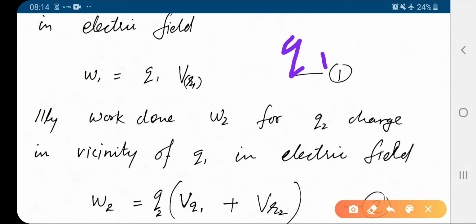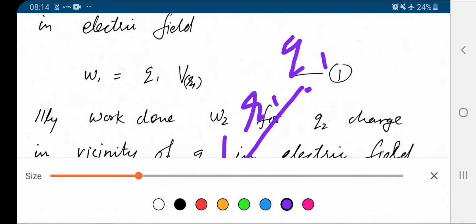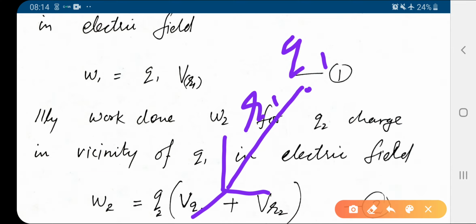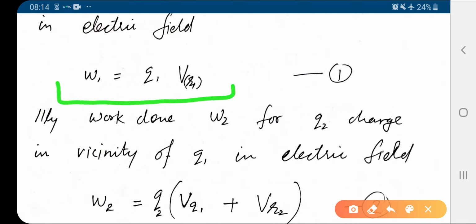So we name that potential: if the Q1 charge is placed at a distance R1 from the origin, then what will be the electrostatic potential at distance R1? That we denote by V(R1). V(R1) means potential at a point whose position vector is R1 from the origin. So that is the potential, and this potential is due to the presence of external electric field. So work done will be W is Q into V. V is because of the electric field.